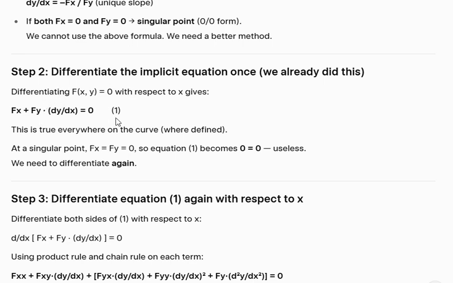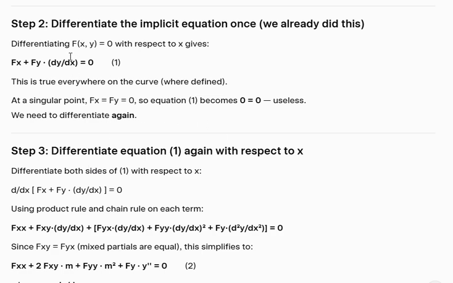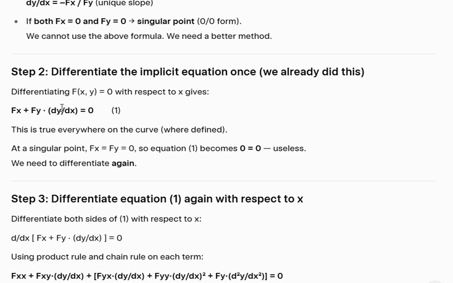To find that, you differentiate f of x y with respect to x the first time, and again we have to differentiate this equation with respect to x. Whatever we get, f of x is a function of x and y, and f of y, the partial derivative of f with respect to y, is also a function of x and y.